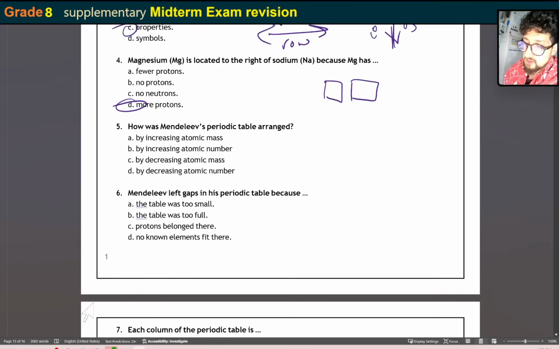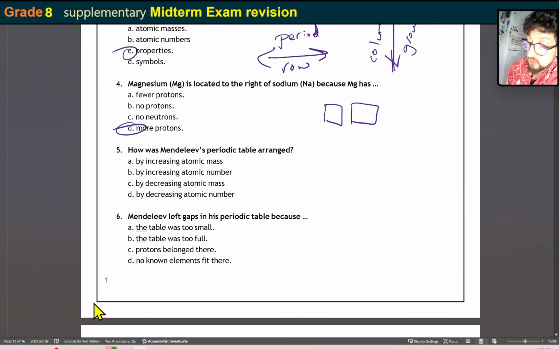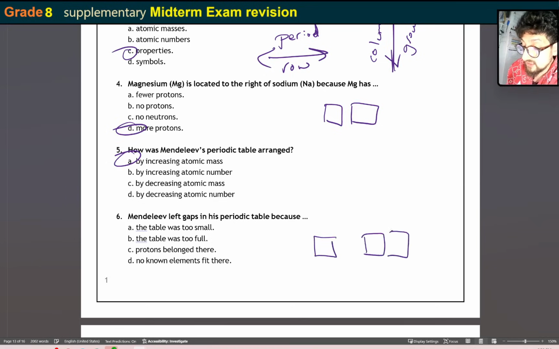How is Mendeleev's periodic table arranged? We talked about that just now. It was arranged by increasing atomic mass, which is not the same way we do it today. Today we do it by atomic number, or the number of protons. Mendeleev left gaps in his periodic table because he knew there were supposed to be elements there that we hadn't discovered yet.